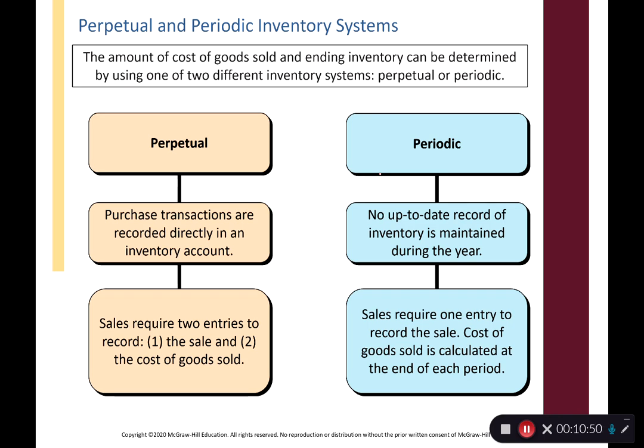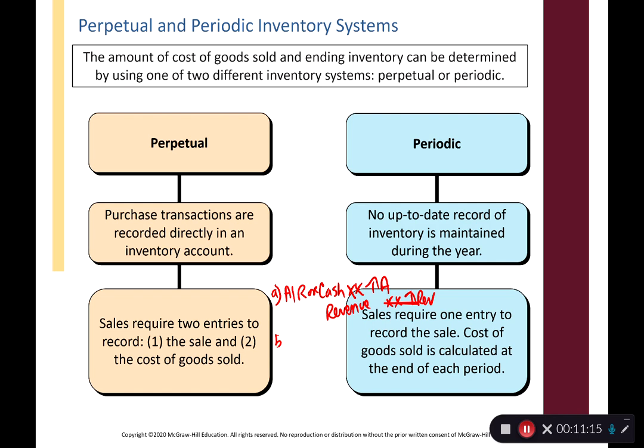It's constantly updating inventory. And a perpetual system is going to require two entries, which we've already discussed before. The first entry is the sale, which will involve a debit to accounts receivable or cash, making assets go up, and a credit to revenue. That's the amount you would see as the customer, because that's the amount you have to pay.